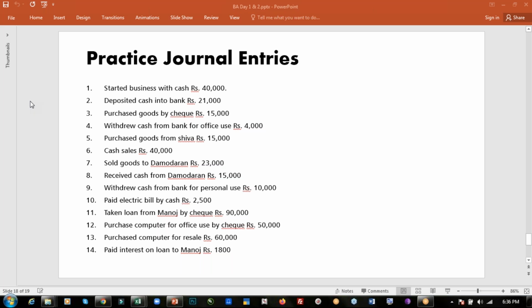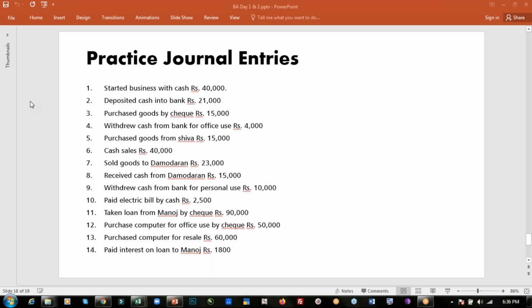Okay, suppose for the taken loan from Manoj by check, if you are going to pass two transaction entries, the first entry will go for the general voucher, and the second entry will go for the receipt voucher, you can say.